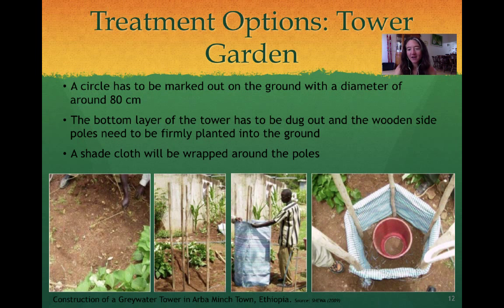You can see here they've set out an area on the soil where they're drawing a circle that has about a diameter of 80 centimeters, and then they put in the sticks and then wrap the plastic around it, and then in the center, this is where the filtration is going to take place. So you can put buckets that have pores and will allow water to pass through and get filtered as it's entering into the soil in the periphery of the garden tower.